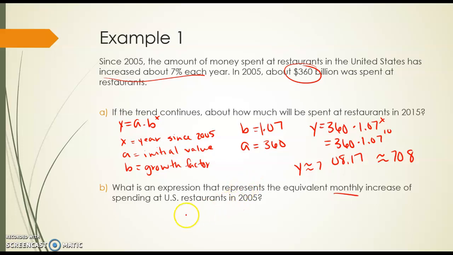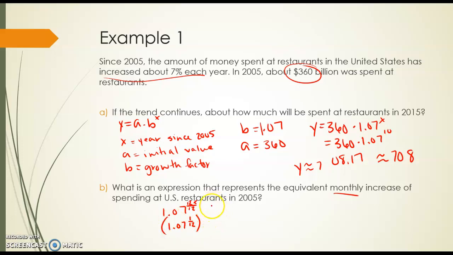So we know that 1.07 is our growth factor, and x is the number of years. So what I know is that that is 12x over 12, because there's 12 months in a year. And so then we're going to do 1.07 to the 1/12.